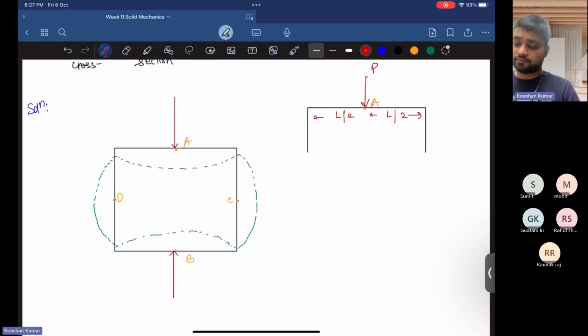So that's why, to maintain equilibrium, equal forces act at the two ends, that is Fc, which is at point C, which is equal to P by 2. Here also Fc is acting, which is equal to P by 2.